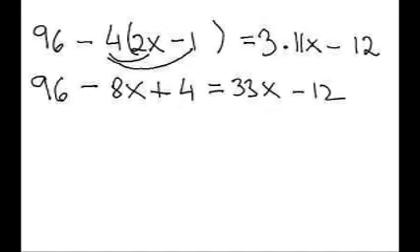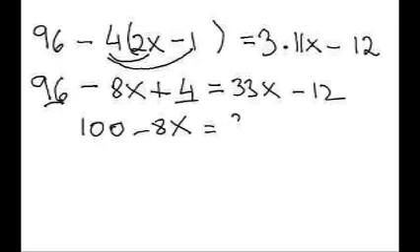So what I'm going to do is first just add up the like terms. So here we'll end up with a 100 minus still the 8x is equal to 33x minus 12.